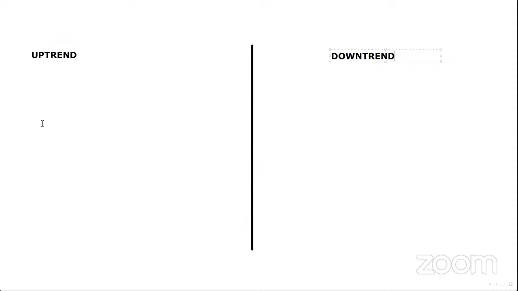Now, trend lines would simply look like this. We have either an uptrend or a downtrend.